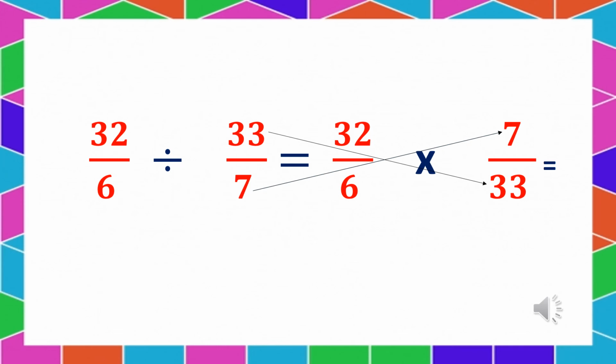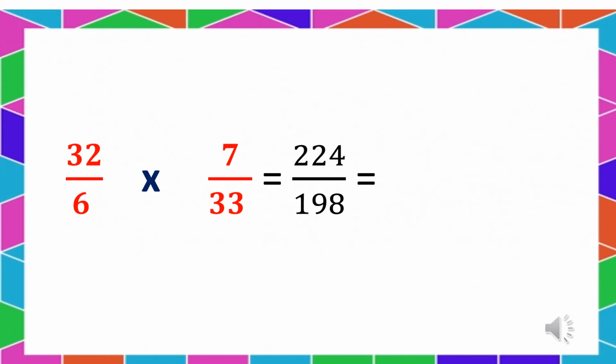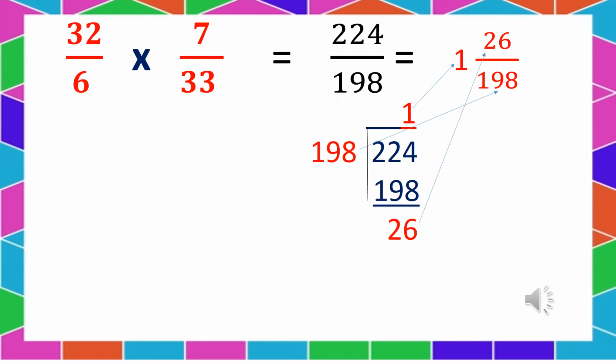From division, it becomes multiplication now. Okay, we will now perform the multiplication. 32 times 7 will give us 224. And we multiply 33 times 6, we will get 198. Looking at our fraction, we have 224 over 198.